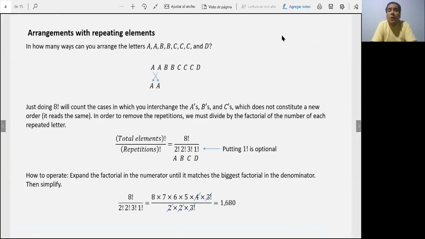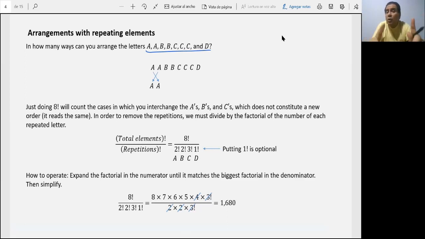What happens when you have an arrangement with repeating elements? Well, if you have an arrangement with repeating elements, then first you can understand that if you have, for example, these 8 symbols, the 8 letters, 2 A's, 2 B's, 3 C's, and 1 D, just doing 8 factorial will count the cases in which you can interchange or rearrange all the 8 letters.